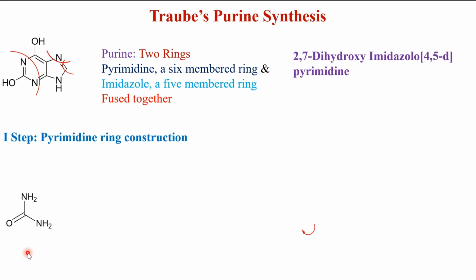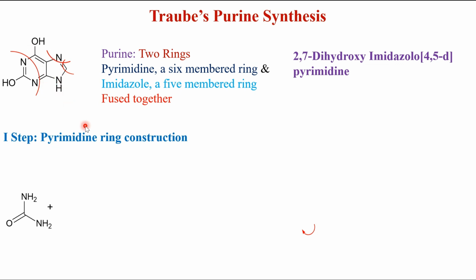urea, NH2CONH2. I take urea as starting material, and I have a 1, 2, 3 carbon donor and 1 nitrogen here.